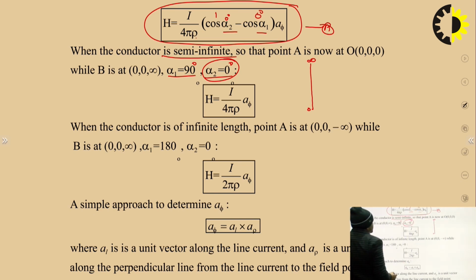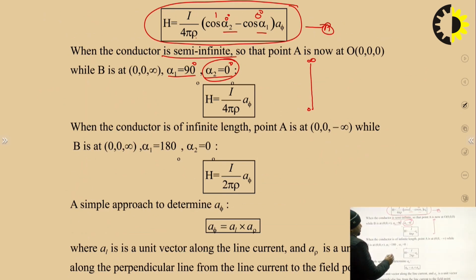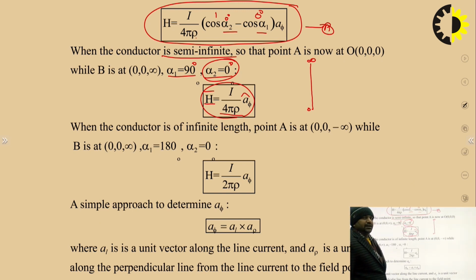So the value of the magnetic field intensity for a semi-infinite length conductor having a current of I, so we find the magnetic field intensity at a point P, which is equal to H is equal to I upon 4 pi rho in the direction of A phi. So this is a very important formula to find the magnetic field intensity of a semi-infinite current carrying conductor. So the value of H is defined by I upon 4 pi rho in the direction of A phi.